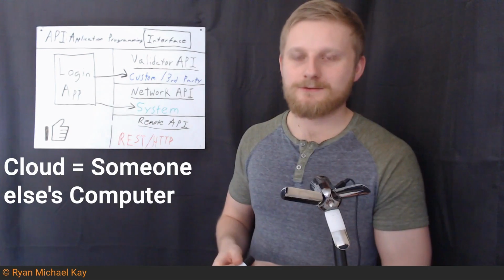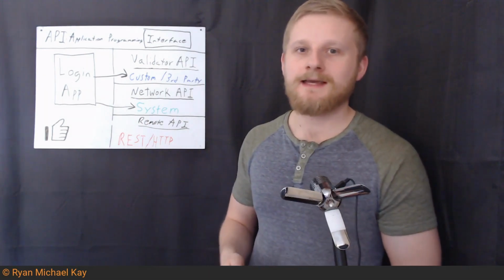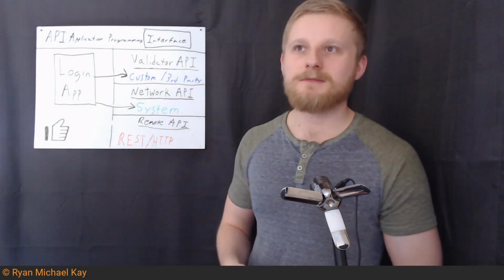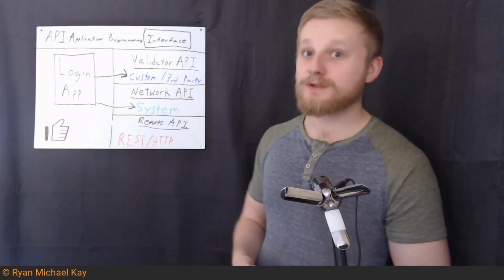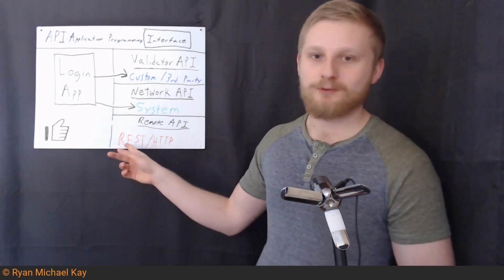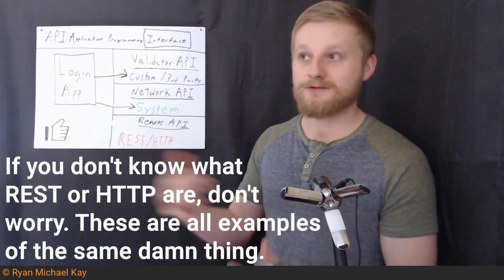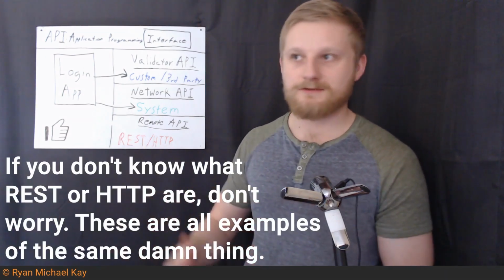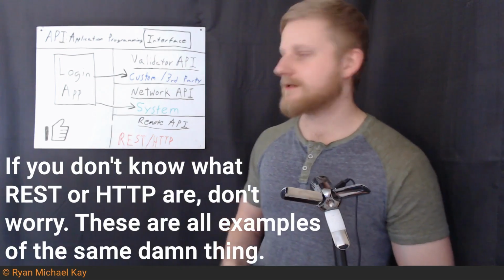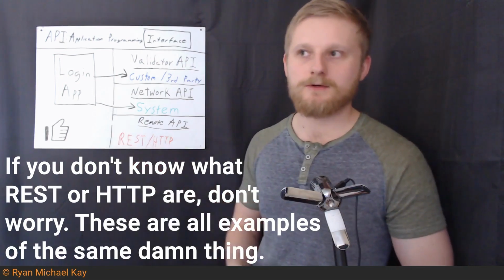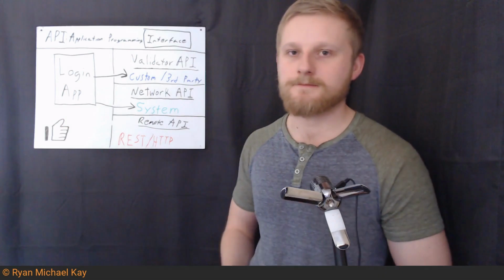So in this case, we have another form of API, and generally speaking, when we're doing communication across the web, it's usually going to be either REST on top of HTTP or just HTTP. There's different communication protocols for the internet, but this is what we most commonly work with when it comes to application development.